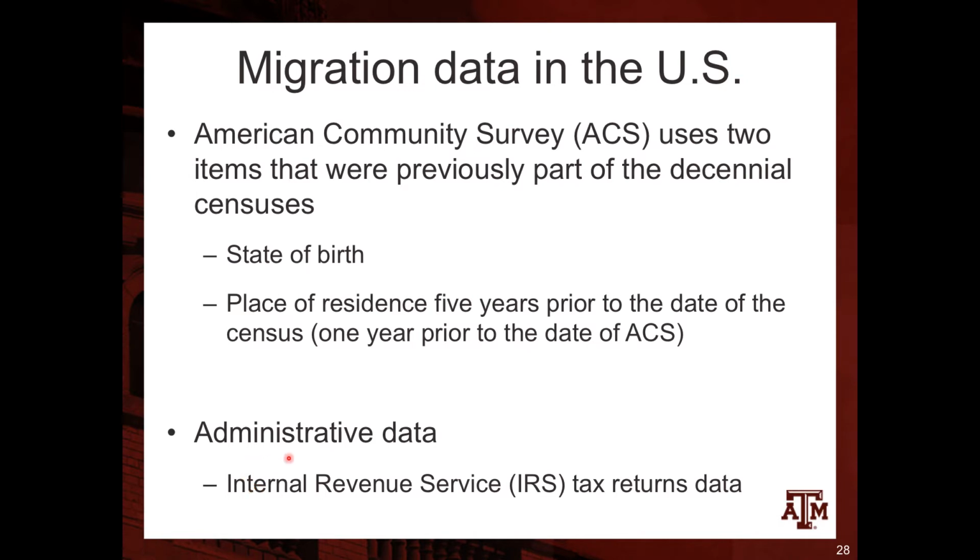There is some administrative data for the US with which we can measure migration as well, such as data from the Internal Revenue Service, based on tax returns data. So there are some demographers who recently used information from the IRS, that's administrative data, to measure flows of Americans within the US.